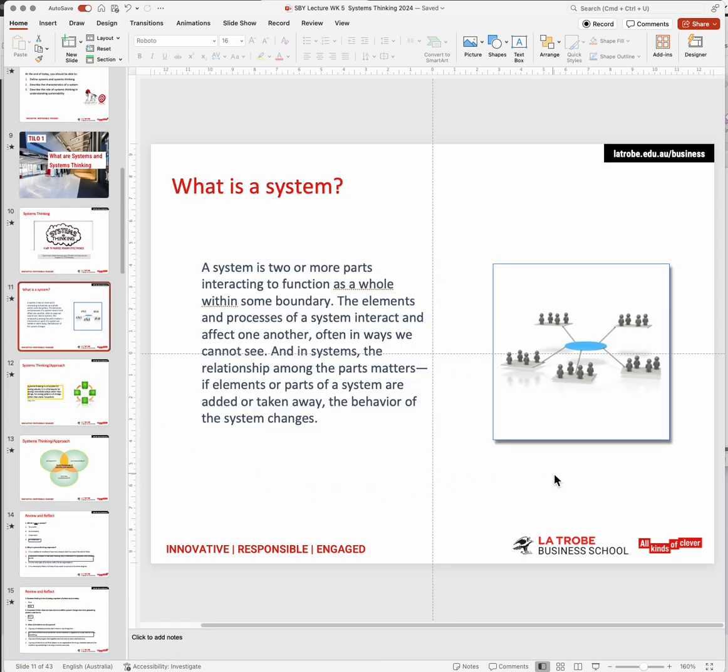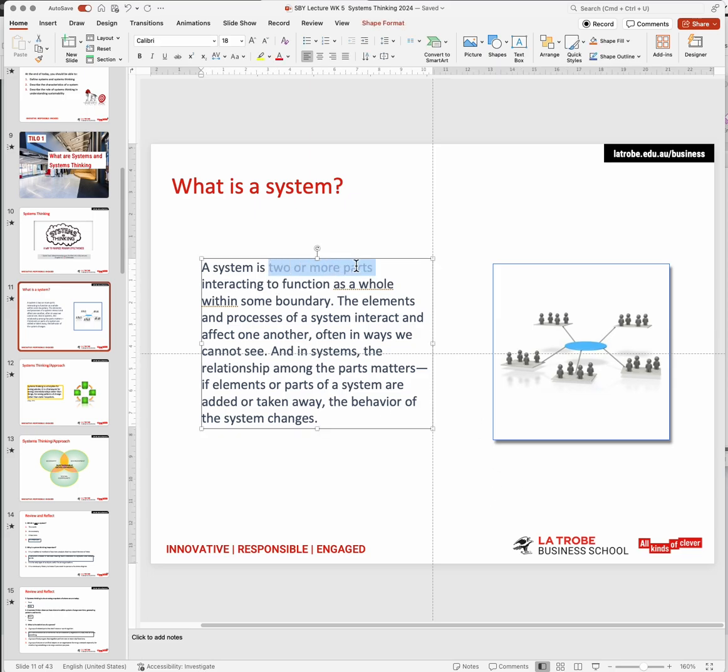What is a system? Have a read of this, please. It's a short piece of text, but there's a lot in it. I'll probably be asking you this a lot. What is a system? It's more than one thing.